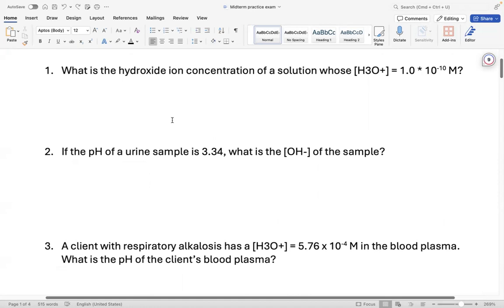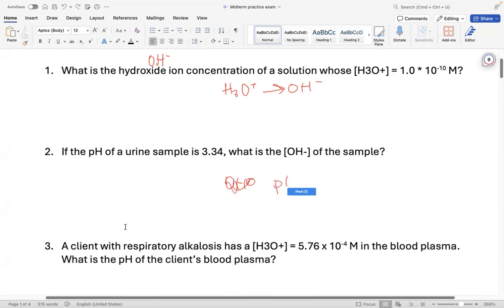Is this the same thing as like going from pH to pOH, or OH to pOH, just the same? Yeah, so this first problem, is it OH to pOH or no? Nope, so this is H3O plus to OH. No, sorry.